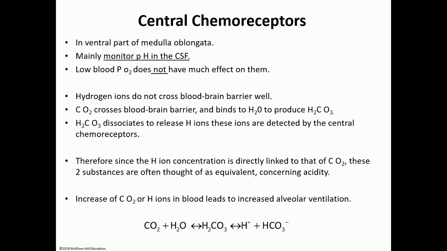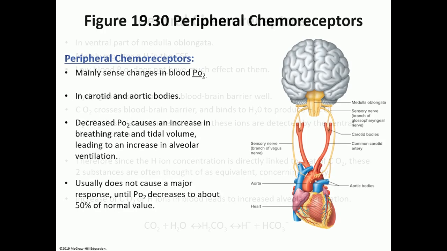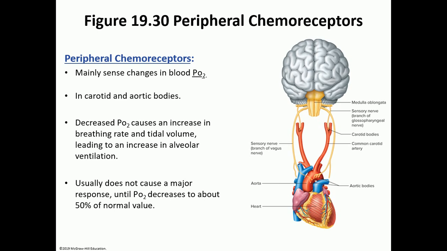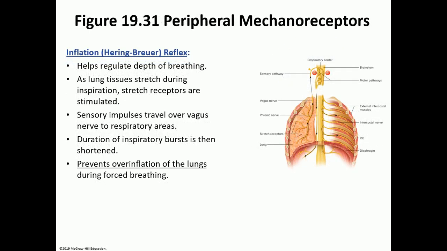So you've got central chemoreceptors that monitor the CO2 and hydrogen levels. Peripheral chemoreceptors monitor your pressure of oxygen. Again, those don't kick in until PO2 levels go less than 50%. And then the peripheral mechanoreceptors are responsible for that inflation reflex stimulated by the stretch of the lung tissue.